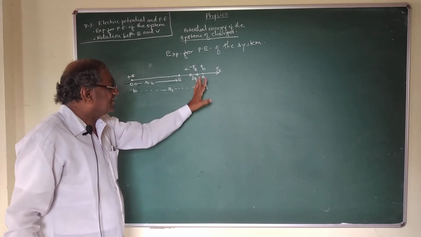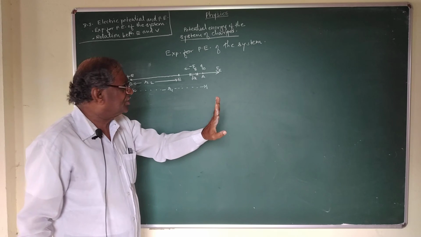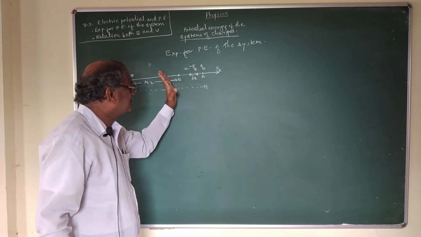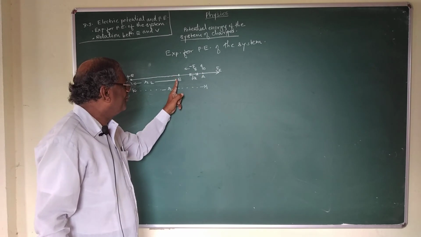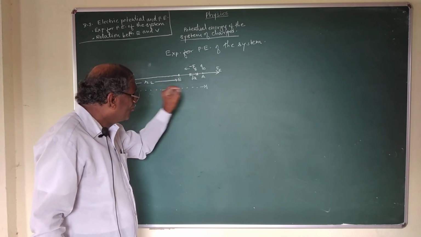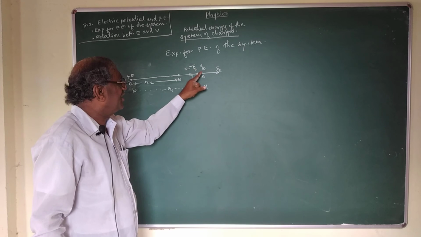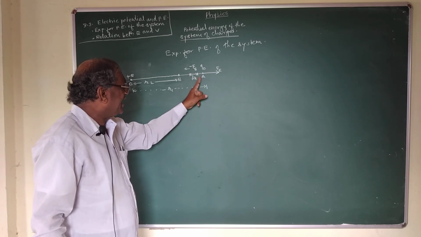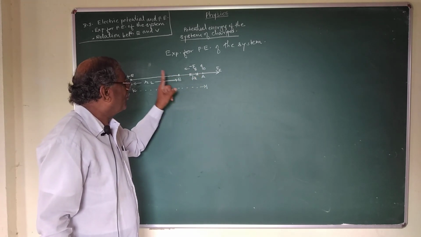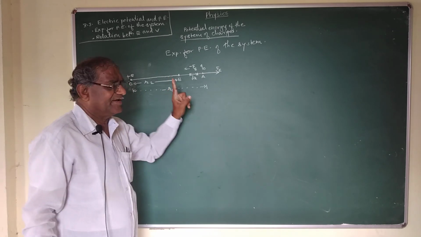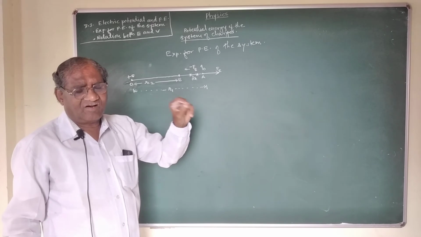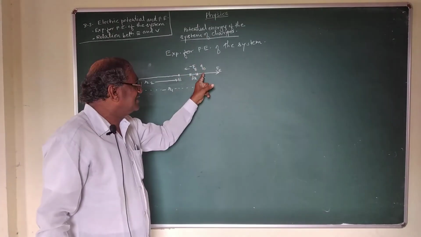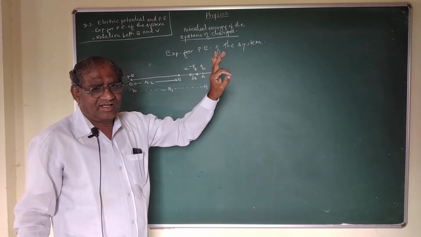Without doing work, the Q0 charge cannot be displaced, cannot move from point A to point B. In order to move the Q0 quantity of charge from point A to point B, it requires some work. We have to perform some work on this charge against this force of repulsion.